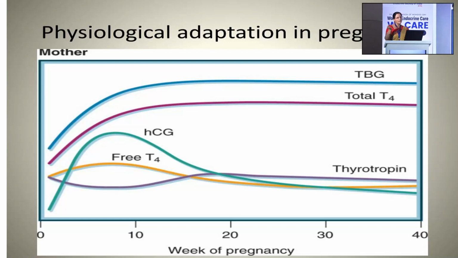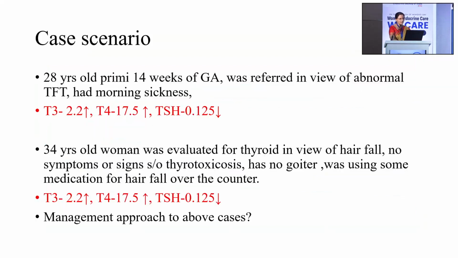That's why you have to have a clear understanding. Coming back to our case, if you encounter elevated T3, T4 and suppressed TSH in pregnancy, it can be physiological, or it can be Graves, or it can be gestational thyrotoxicosis. But how do we differentiate? When do we consider this abnormal, not physiological?